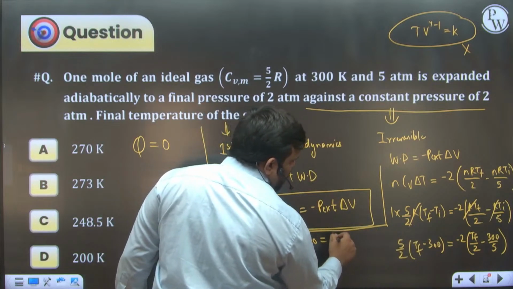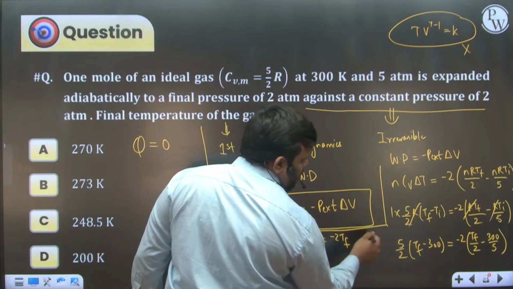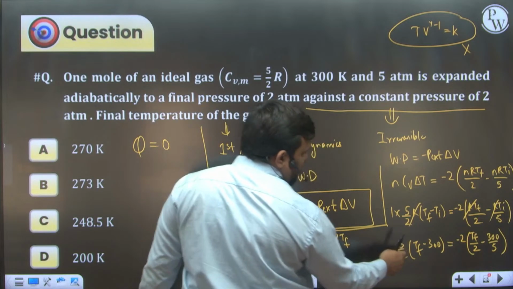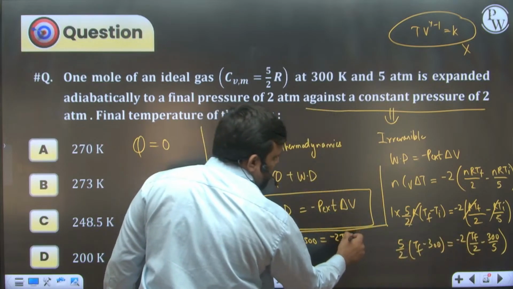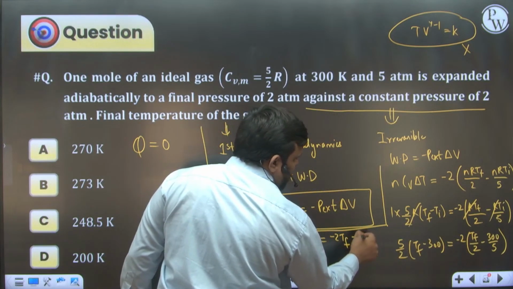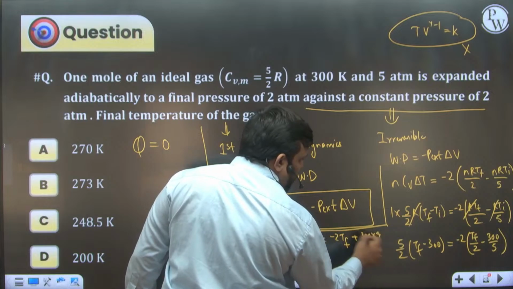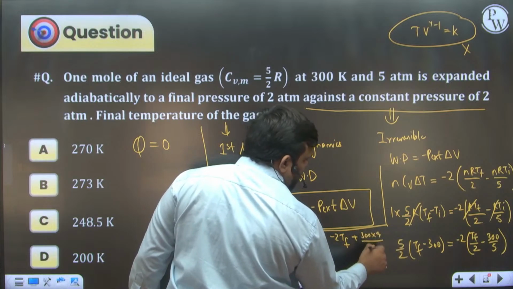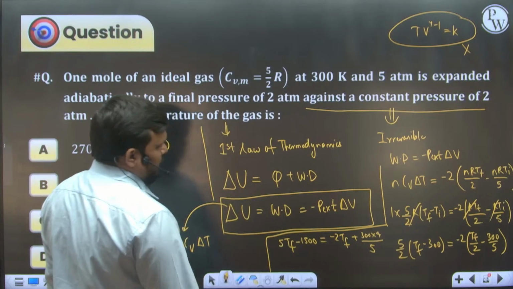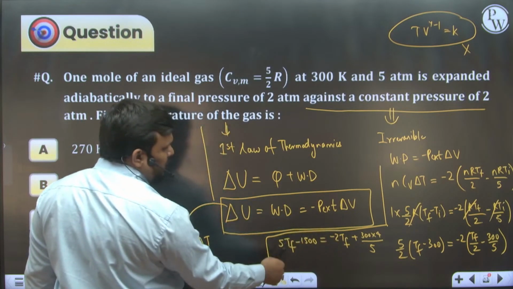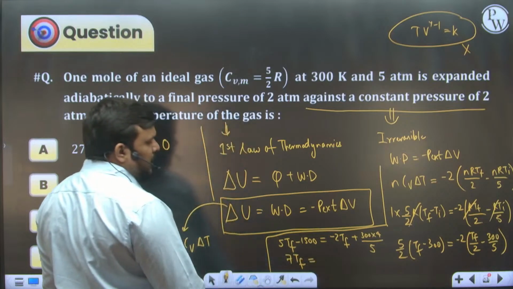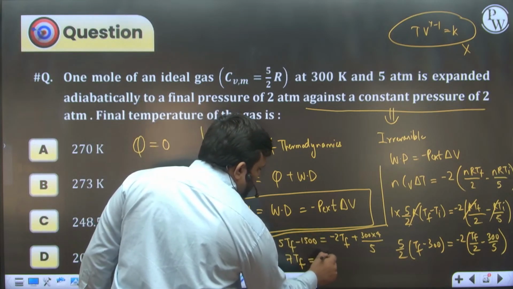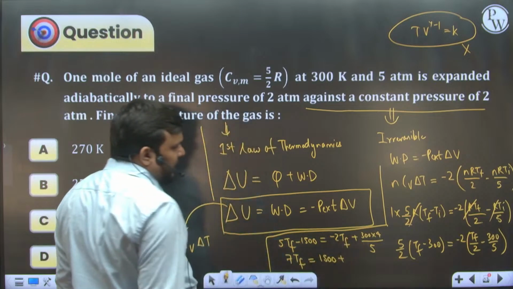Minus 2TF, and this 4 into minus 300, minus into minus is plus, 300 into 4 divided by 5. So 5TF and this minus 2TF will come over here. It is getting 7TF. 7 into T final will be equal to 1500 plus how much are we getting?